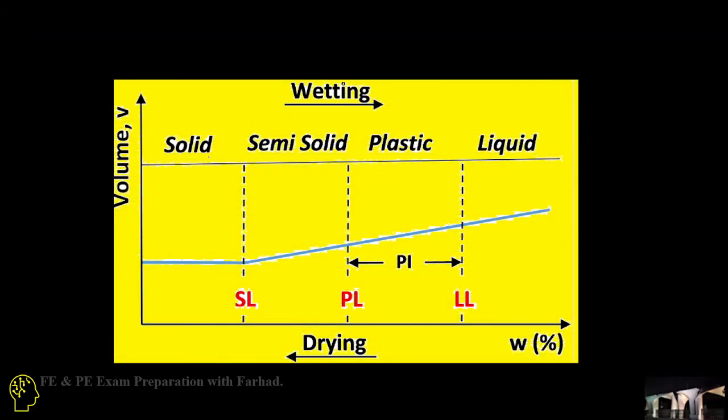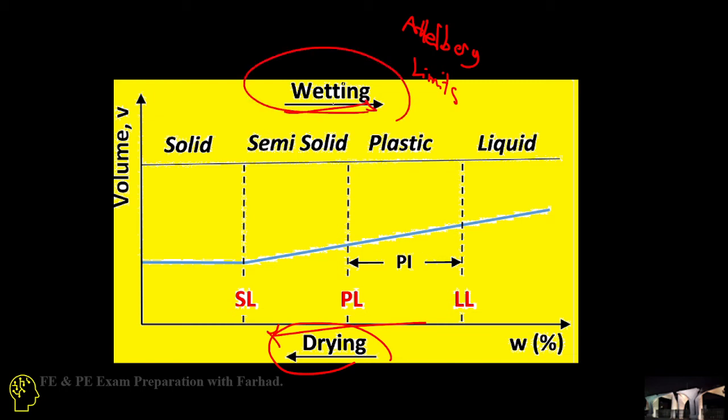Let's take a look at the Atterberg limits once more. If you dry the sample, you move in this direction. If you wet the sample, you move in this direction. That's volume. That's percent of moisture content. LL stands for liquid limit.